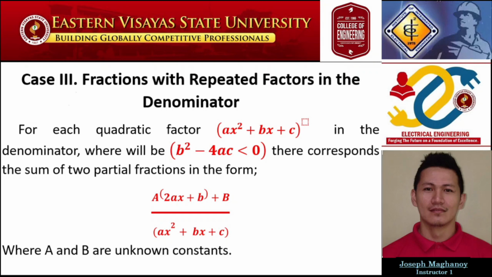But wait, if you check and evaluate our function, 2ax plus b is only the first derivative of your denominator. If we take the first derivative of our denominator, ax squared plus bx plus c, that is with respect to x, this is equal to 2ax plus b. I hope it's clear. So let's proceed to our first example for case number 3.